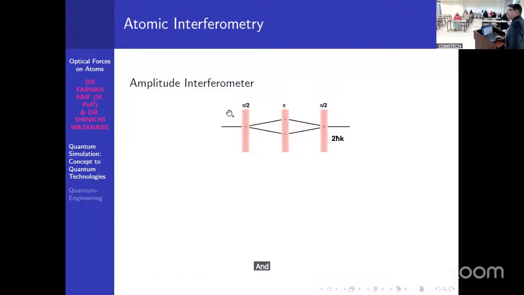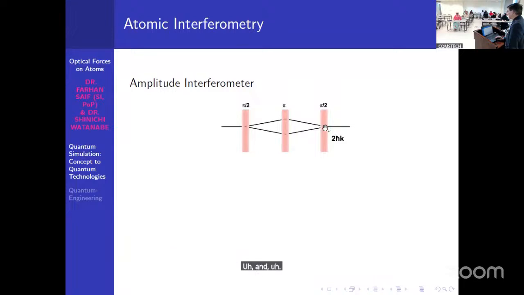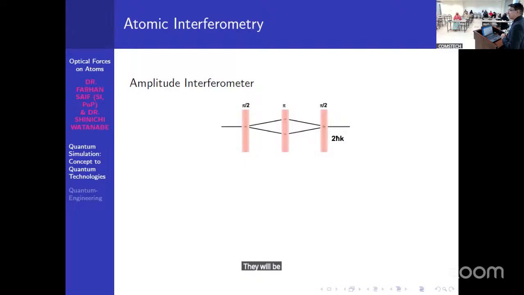And if we apply another field on the way, with an interaction time now twice that of earlier, it will be deflected. The atom will be deflected, and they will meet again in the same plane. And then if we apply another beam of light, they will be combined together. And this is sometimes named as the Mach-Zehnder interferometer.